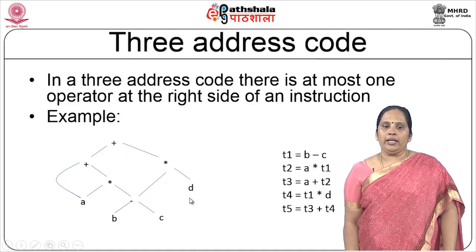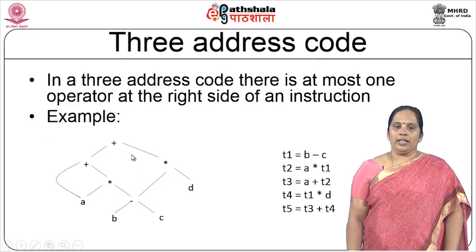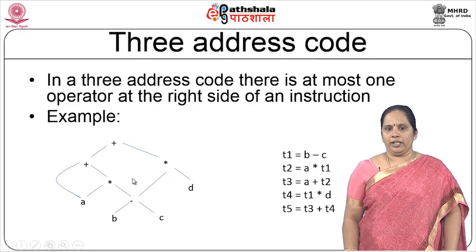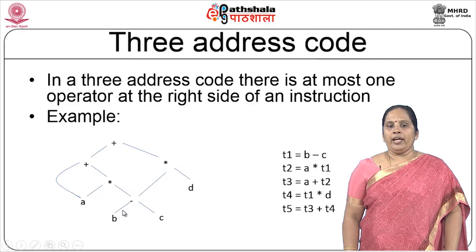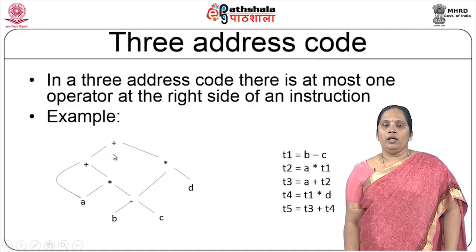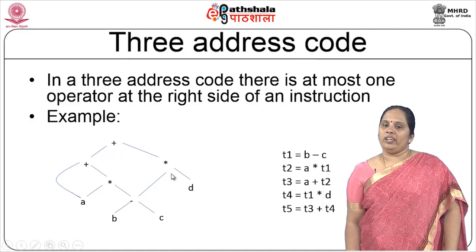Now as you can see, this is an abstract syntax tree representation, where I am computing the internal nodes. The internal nodes are referred to with respect to temporary variables.